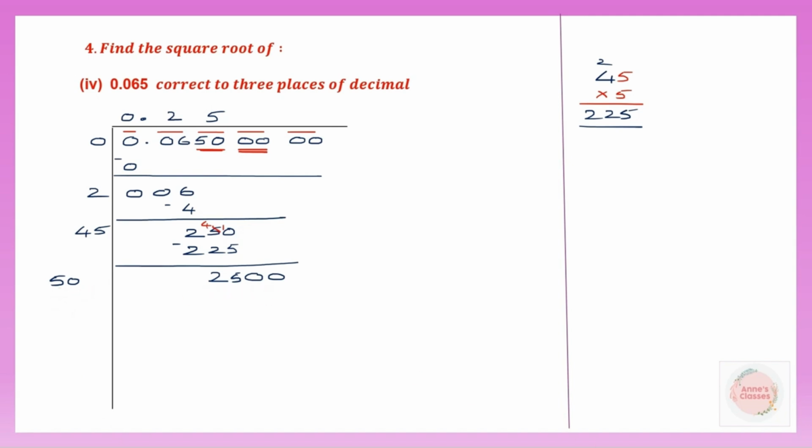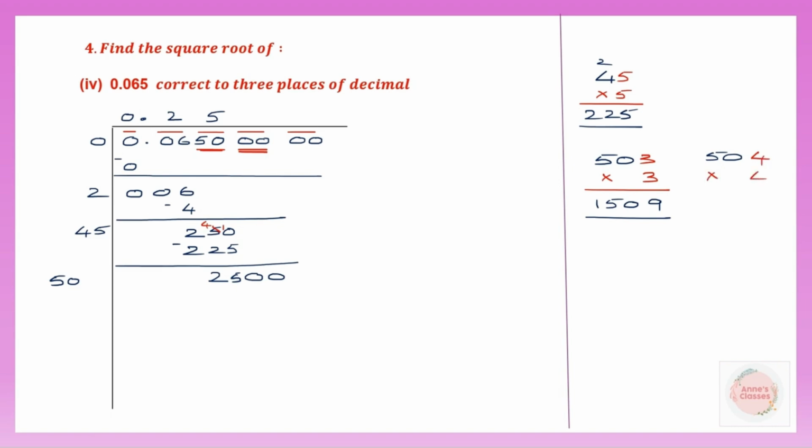Now let's take 50 and put 3 next to it and see. 3 into 3. 3 3s are 9, 3 zeros are 0, 3 5s are 15, 1509. Now this is 2500. So let's put 4 and see.